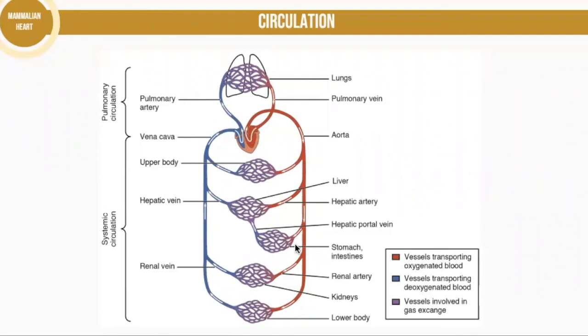But one special case, one exception, is what we call the hepatic portal system. Instead of the deoxygenated blood being delivered back to the heart, it first enters a capillary bed of the stomach, intestine, spleen and pancreas, which are not directly pumped back into the heart.